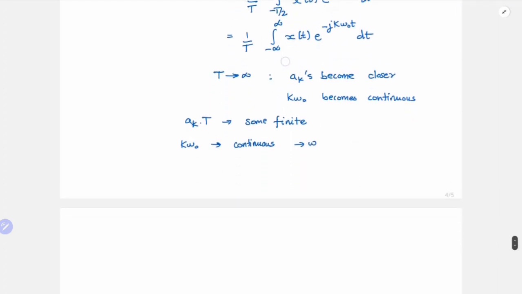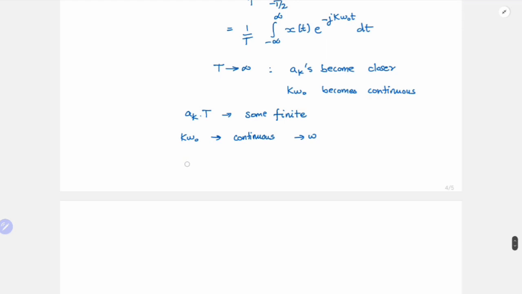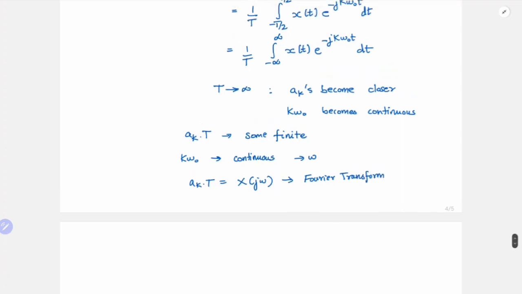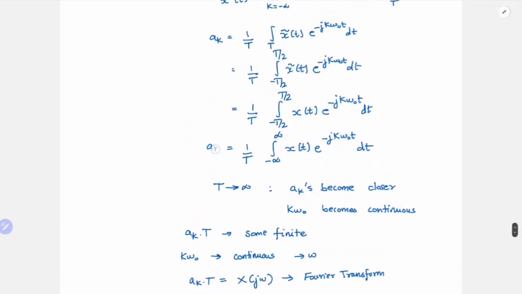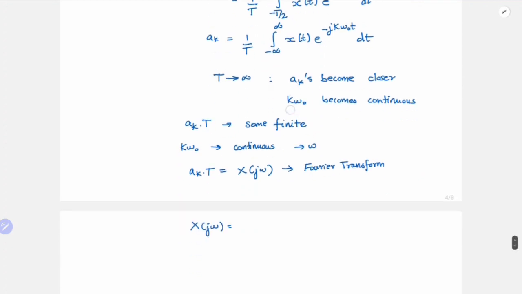Then what happens? I will call ak into T as some x of j omega. And this is nothing but the Fourier transform. This is called the Fourier transform of x of t. So now if I write x of j omega, what will I get? This is ak. So ak into T is x of j omega.